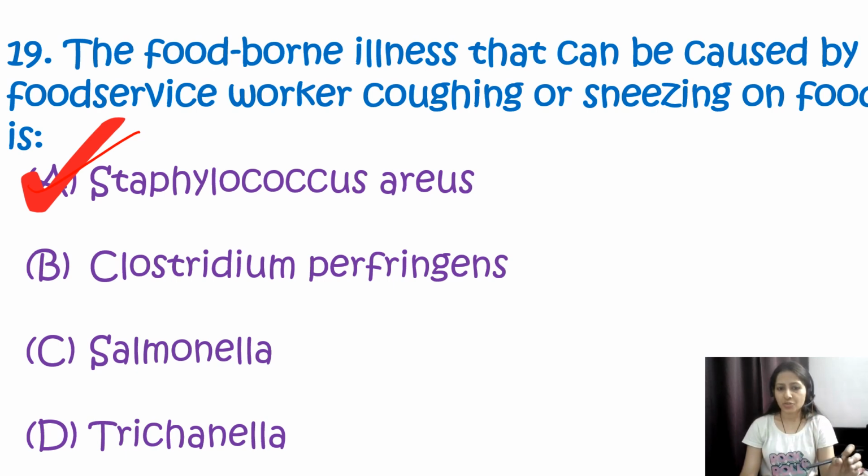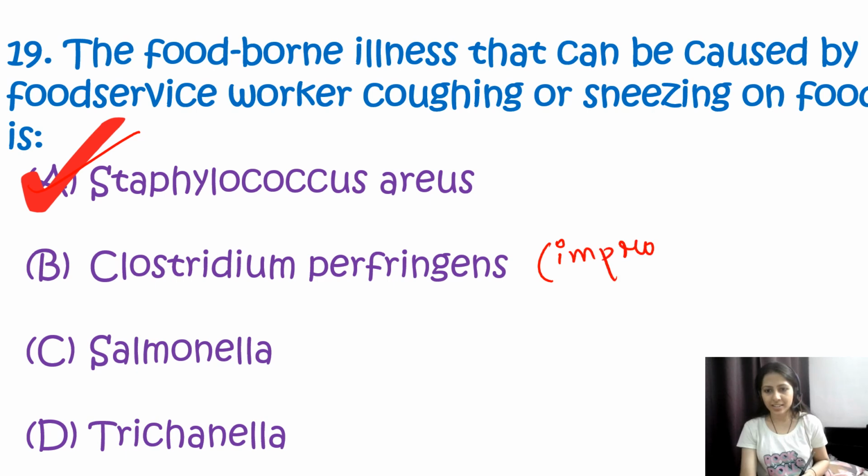Whereas Clostridium perfringens, Salmonella and Trichinella are all pathogens that can cause foodborne illness, but they are typically transmitted through different mechanisms, not through coughing or sneezing. Clostridium perfringens is associated with improperly cooked or stored foods.